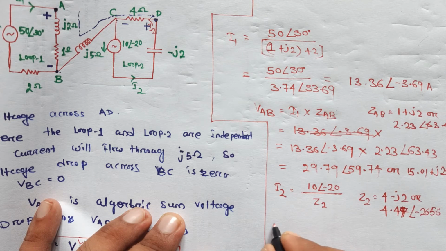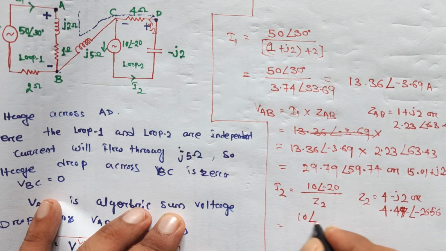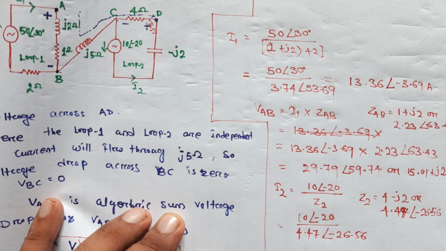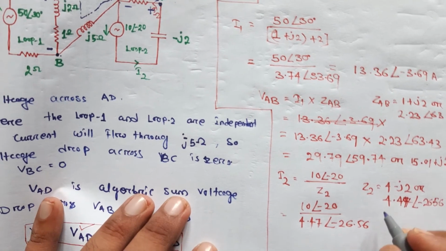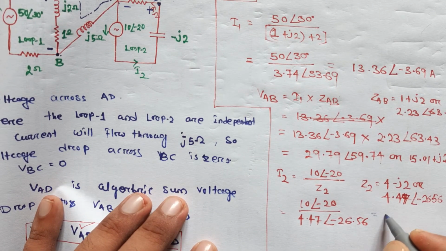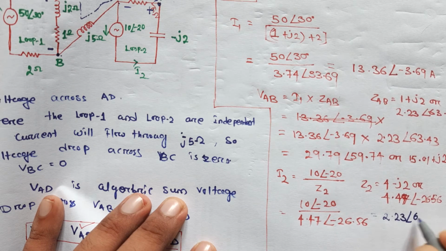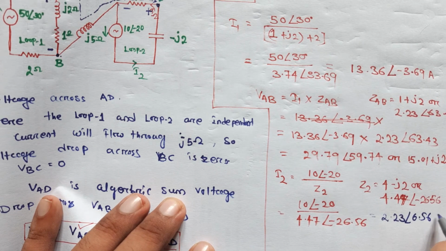Putting this value here, 10 angle minus 20 divided by 4.47 angle minus 26.56, this is equal to 2.23 angle 6.56 ampere.